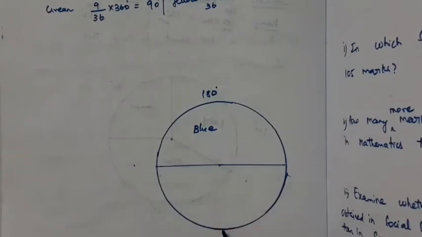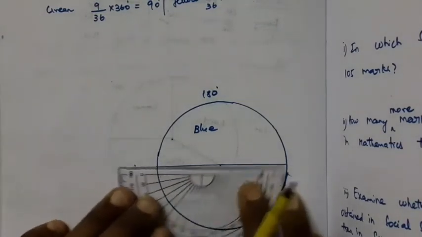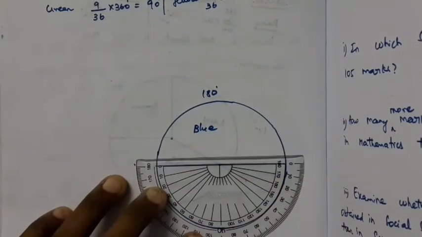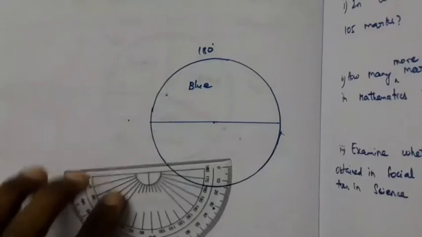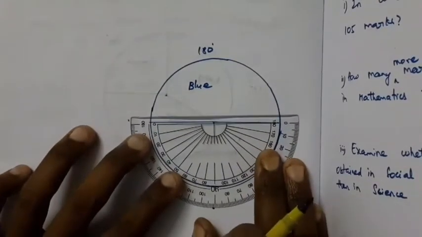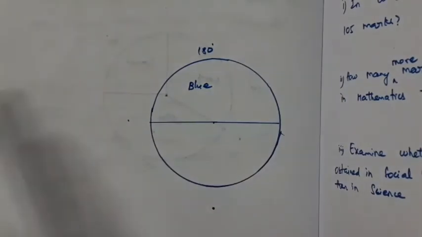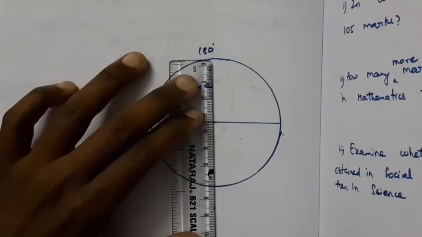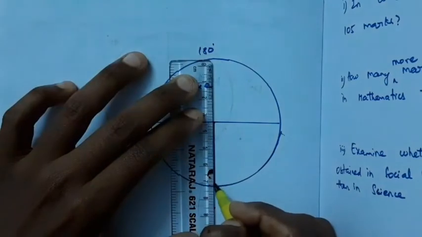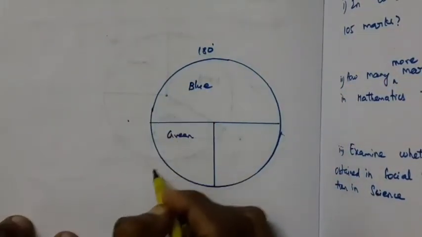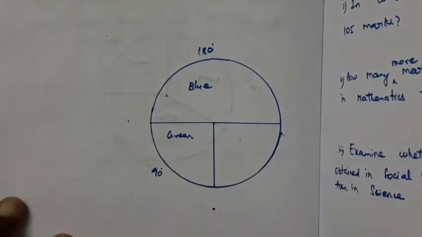The next thing is 90 degree. 90 degree is again a straight line here which gives 90 degree. From here, this is 90. You can see here. This is for green 90 degree.